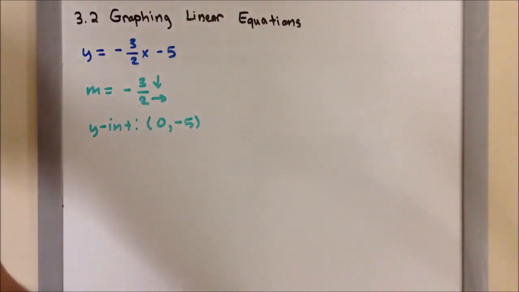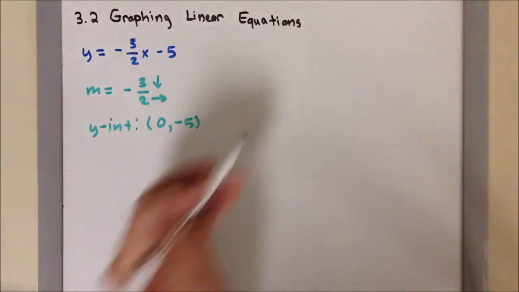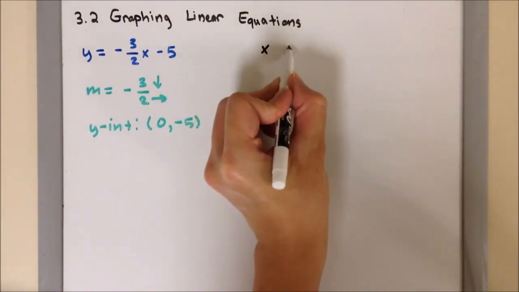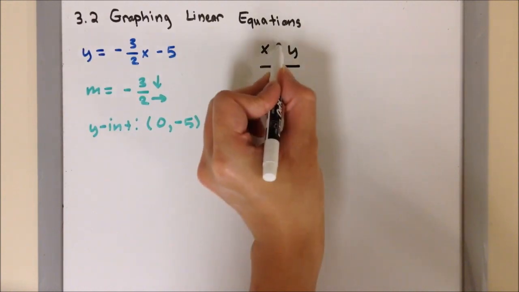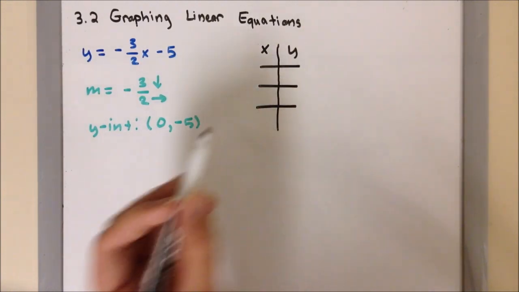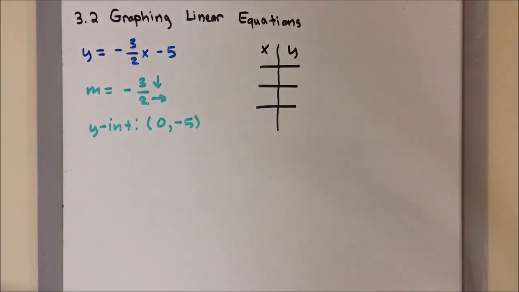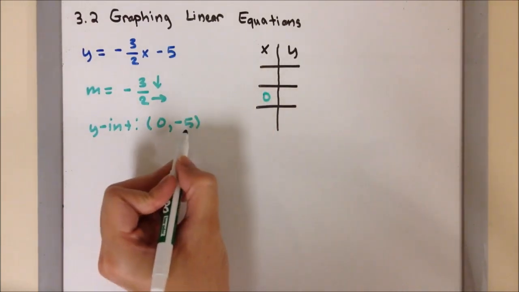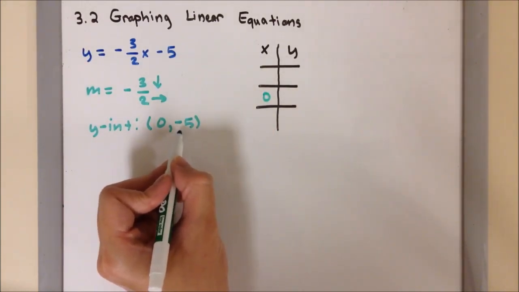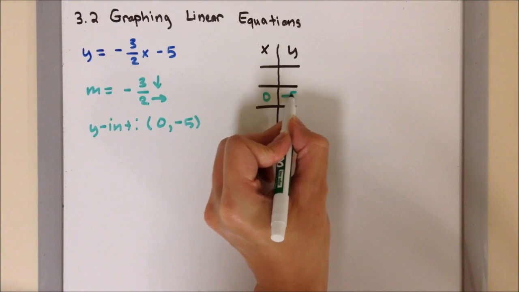Next, we're going to do our xy table. So again, it's safe to use 0 as your middle number. If it's 0, you can actually use our y value, -5, and plug it in here.